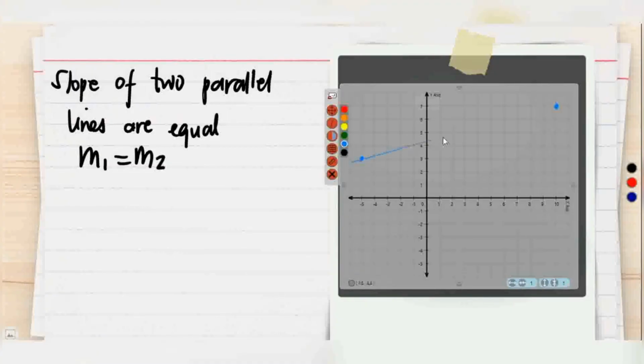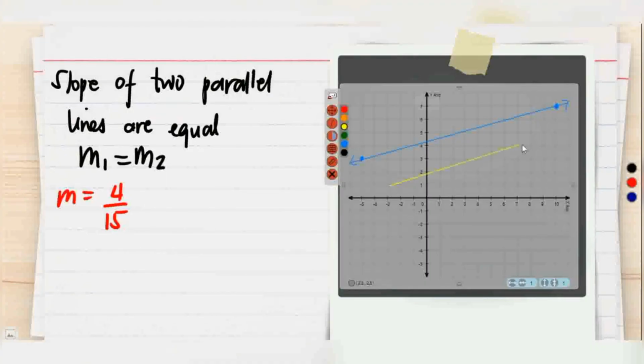So, this is the line passing through these points. And yung nakuha nating slope niya is 4/15. So, the slope of any line parallel to this line is equivalent to 4/15.